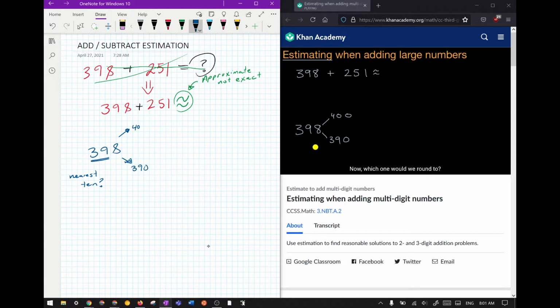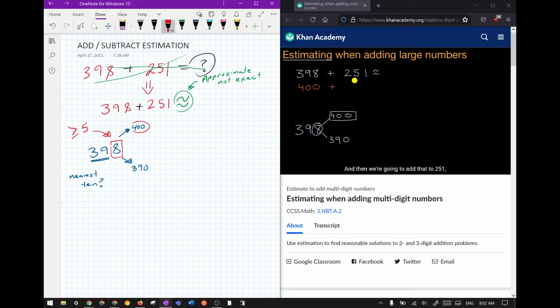Now, which one would we round to? Well, 398 is closer to 400 than it is to 390. And we've talked about in the rounding videos that you can see that this right over here is 5 or greater, so we would round the tens place up. So we would round to 400. And so 398, we round to 400.